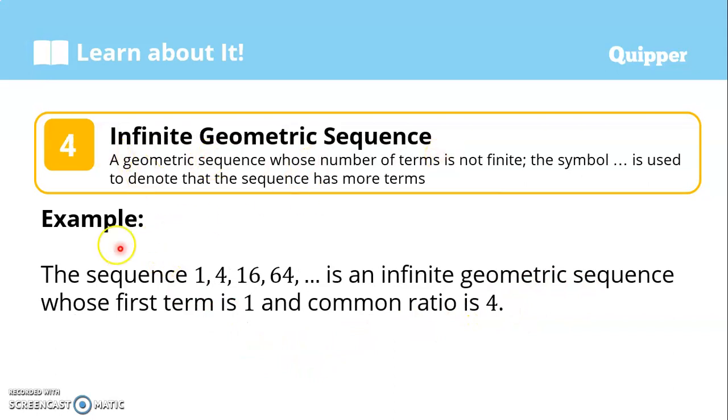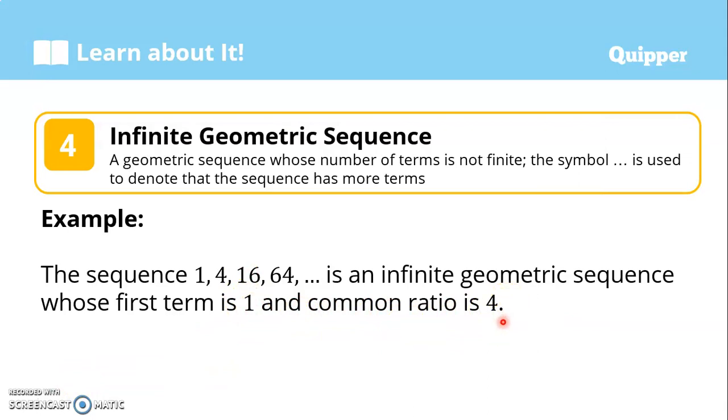For the infinite geometric sequence, it is a geometric sequence whose number of terms is not finite. So wala siyang last term. It goes on and on. The symbol 3 dots or ellipsis dots is used to denote that the sequence has more terms. It goes on and on forever. Mabuti pa yung sequence may forever. Oh, di ba? So the sequence 1, 4, 16, 64, and so on is an infinite geometric sequence whose first term is 1 and common ratio is 4.